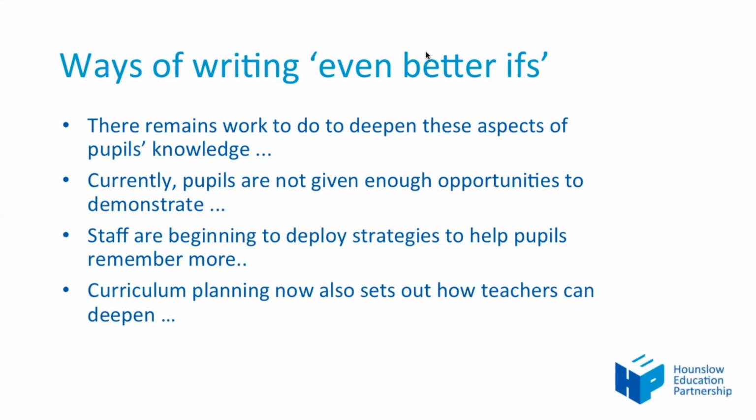I'd be more impressed that you've identified something which isn't quite good enough, and I then want to know, so what are you doing about it? And as I said, if there was any opportunity, you could say, actually, I've seen a bit of a green shoot in this part of the school, and over time, I'll see more green shoots. That would lead me to have every confidence in your ability to develop this even further.